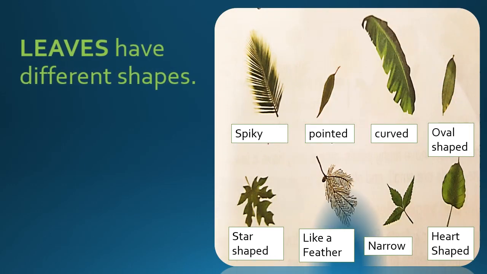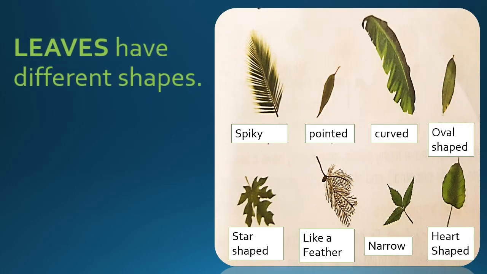Leaves have different shapes. Dear students, we know that all the leaves are different in shape and size. Here we will discuss some of the shapes. Like if we see the coconut plant, it has a spiky leaf, and the eucalyptus plant has a pointed leaf, and the banana leaf is a bit curved.